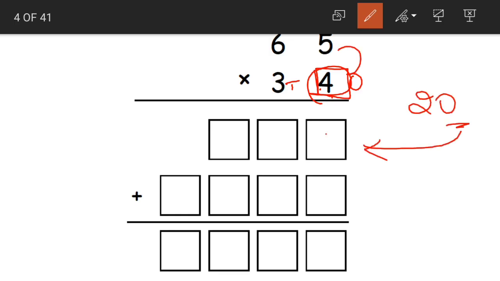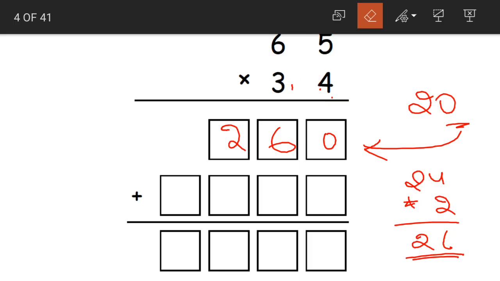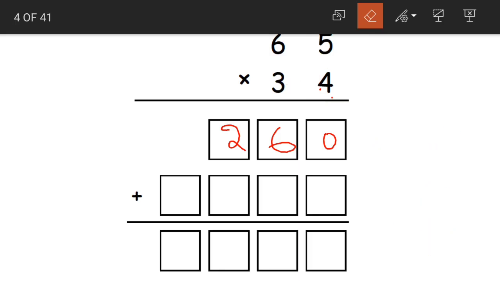Now 0 is to be written here. 2 is to be carried on to the next number. 4 6s are 24. Plus what do we have? We have 2 carried. 24 plus 2 becomes 26. So we are writing 26 here. Okay. This is the first step wherein we multiplied 65 with 4.